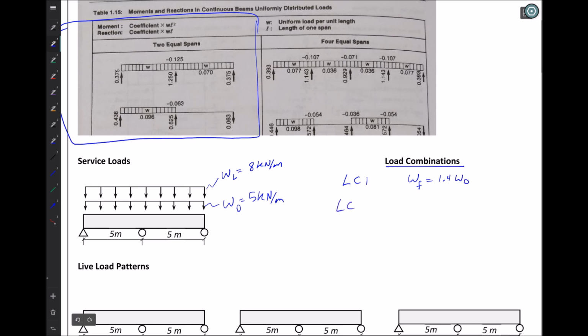And then load combination 2, and let's put A beside it, our factored load would be 1.25 times our dead load plus 1.5 times our live load. And we'll call this load case 2B, would be 0.9 dead load plus 1.5 live load.